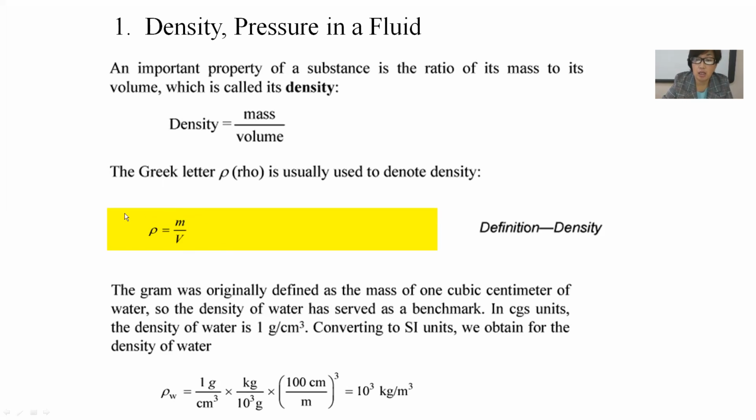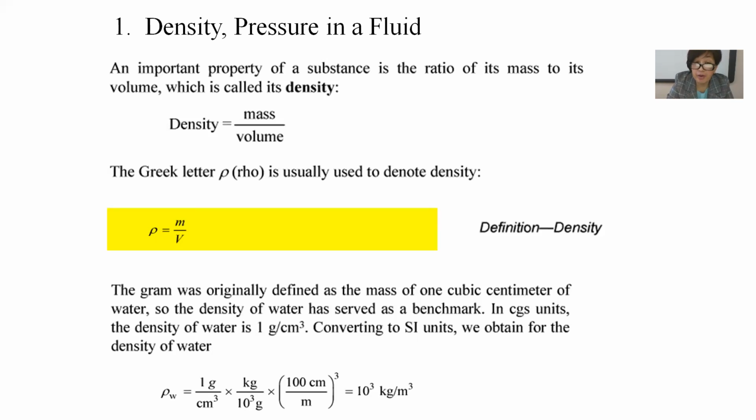This is the definition of density. The Greek letter rho is usually used to denote density. The SI unit of density is kilogram per cubic meter.